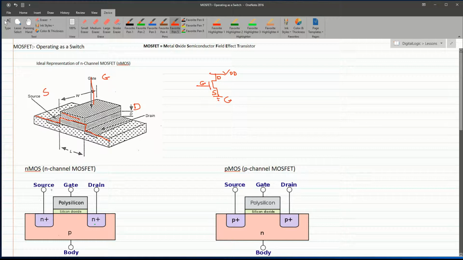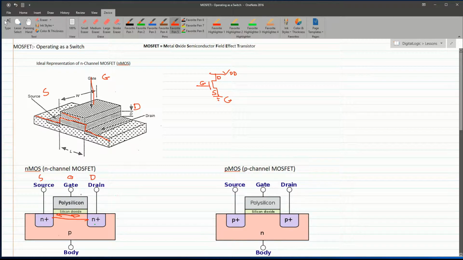I won't cover off too much in detail of how this particular transistor works, but basically what happens is that when we apply sufficient voltage at the gate, a channel is formed and electrons can flow between these two, the source and the drain.